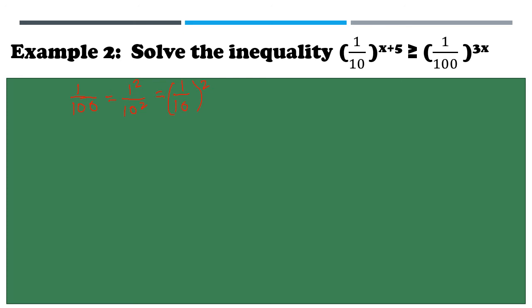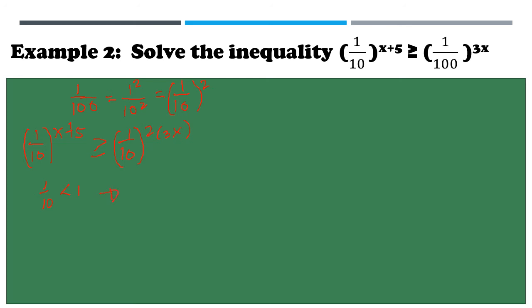I will rewrite our given. So, this become 1 over 10 raised to x plus 5 greater than or equal to 1 over 10 squared times 3x. Now, as you can see, ang 1 over 10 natin dito ay less than 1. Okay? So, paano pag less than 1 siya?